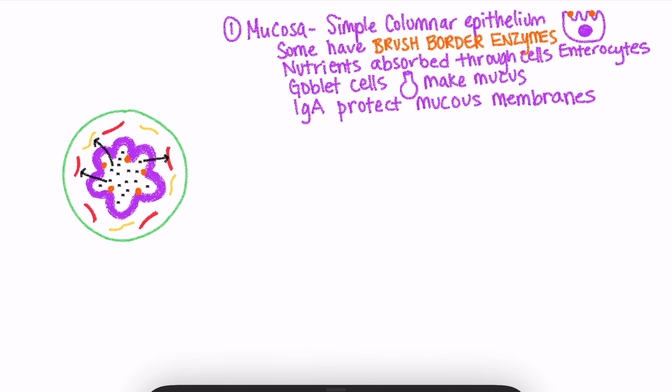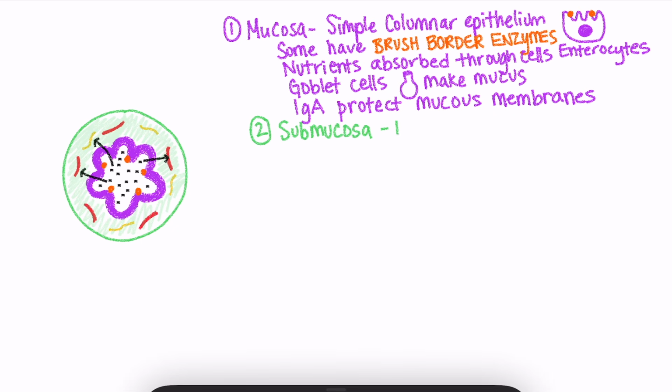Now I'm going to color this in real faint so I don't go over anything. So this is the submucosa, under mucosa. If you were to take a cross section of a piece of intestine, these are the layers you would find. So we'll do layer number 2, submucosa.